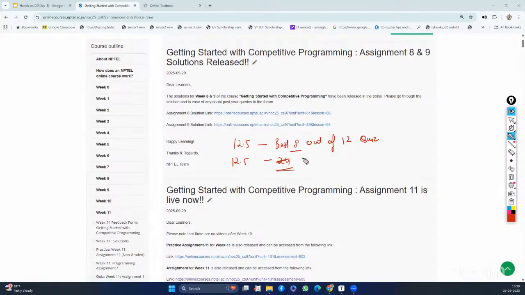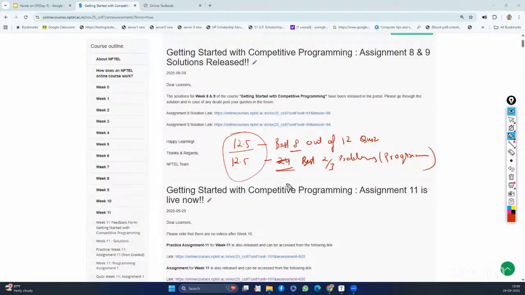So the best two-thirds of the programming problems. So 12.5 marks will be taken from your best 8 out of 12 quizzes, and 12.5 marks will be taken from the best two-thirds of the total programming problems.